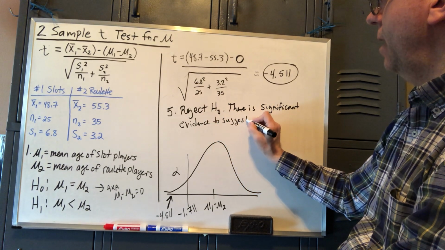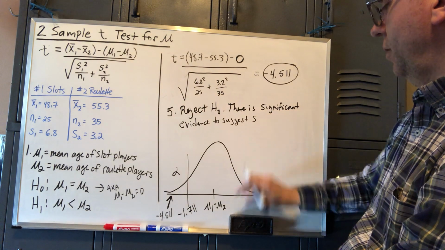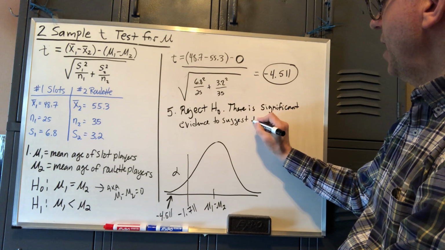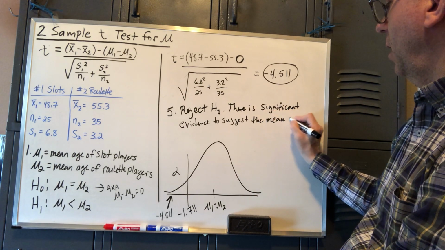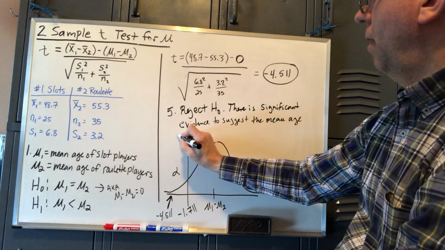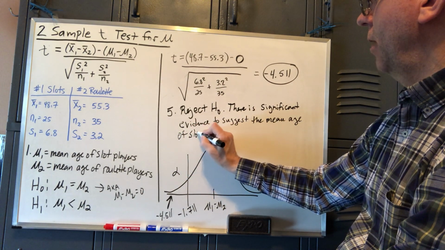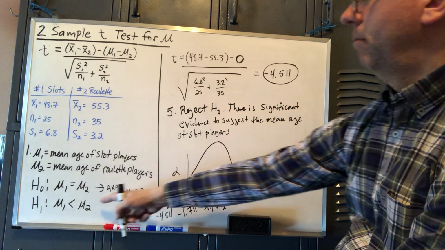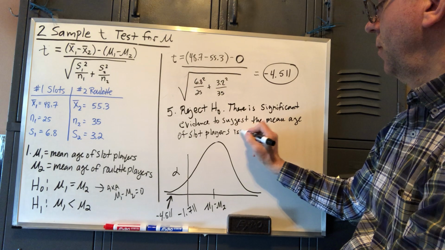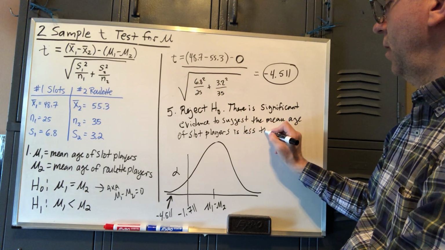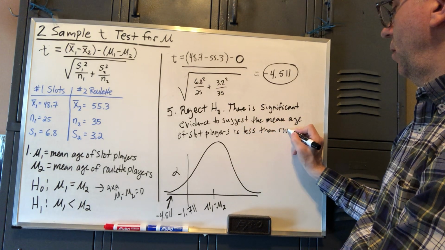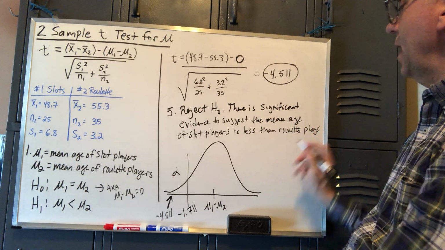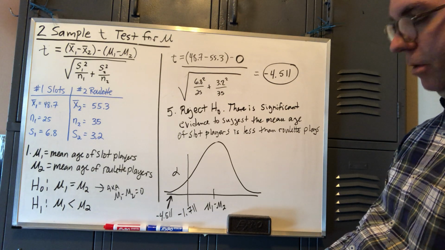We're suggesting that slot players, yes, the mean age of slot players is what? It's less than. That's what we're proving here. So it's less than roulette players. The mean age of slot players is less than roulette players.